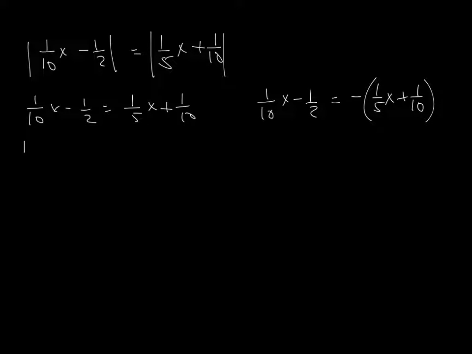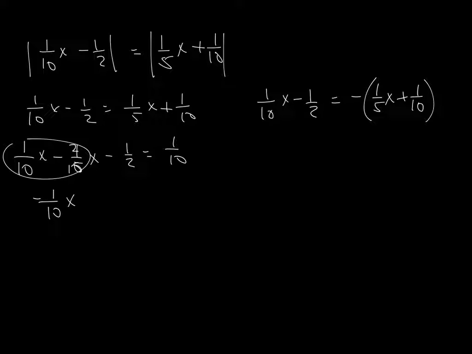Okay, let's bring the 1/5 x over. And then that equals 2/10, common denominator, so we can combine those. Add 1/2 to both sides. 1/10, and we'll find a common denominator, so that's going to be 5/10.